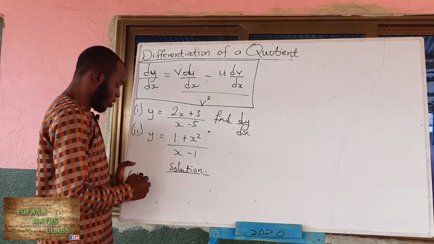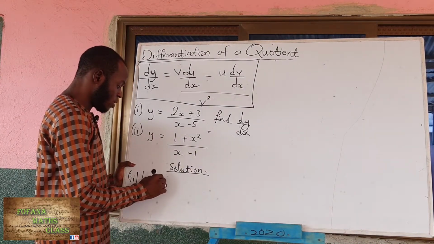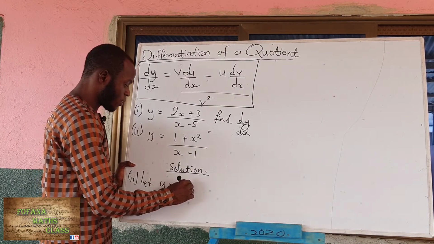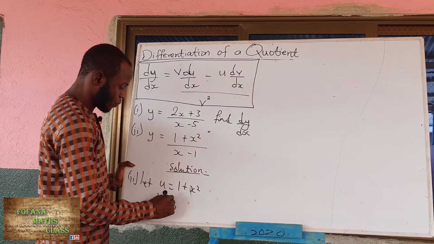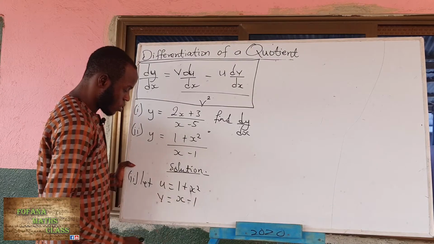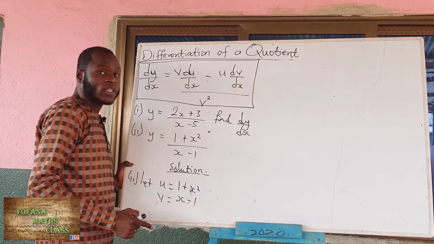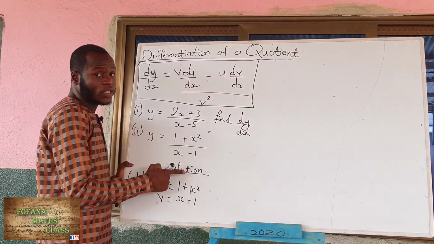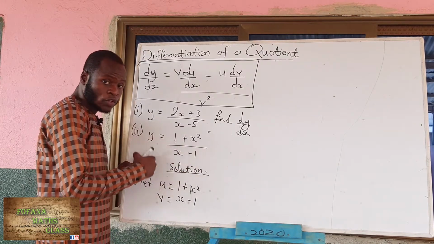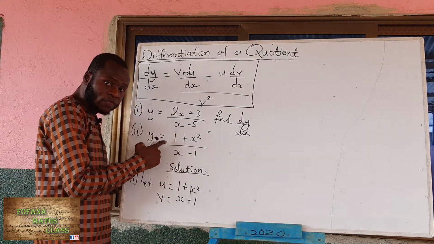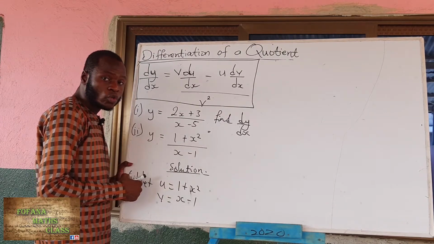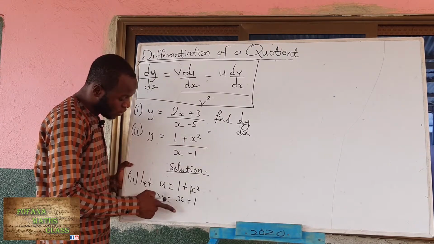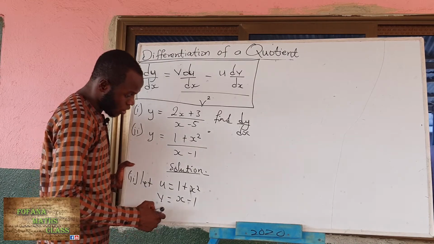Just like we did for the first one, let u equal 1 plus x squared, and v equal x minus 1. I would appreciate it if you pause the video and solve it on your own using the approach we used with the first question, then continue with the video to compare your answer with the one I am about to obtain.